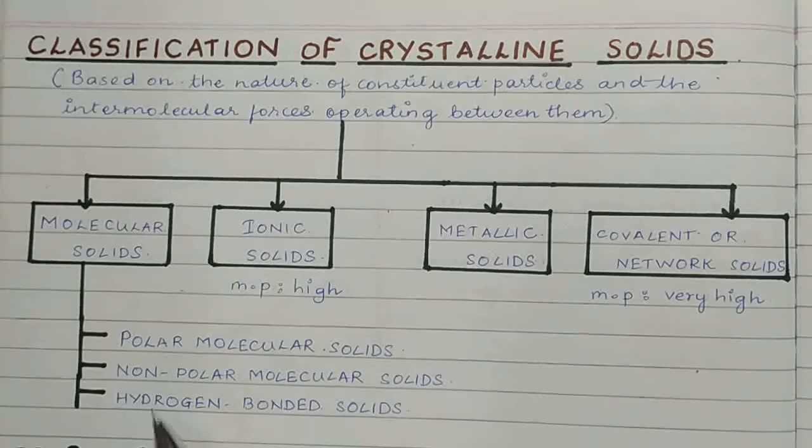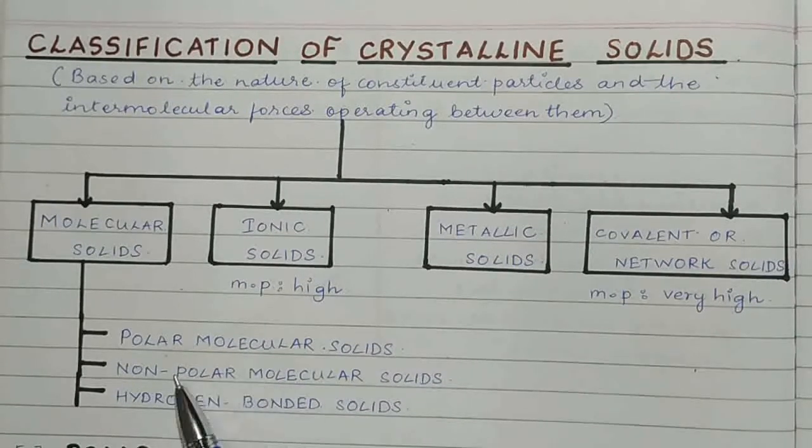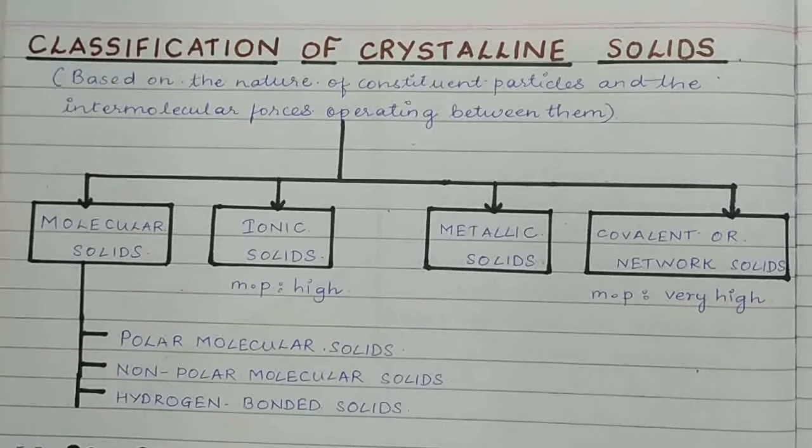Second class is non-polar molecular solids. What kind of bond will exist between them? There will be a weaker force of attraction, the Van der Waals force of attraction, or they can be bonded by non-polar covalent bonds.